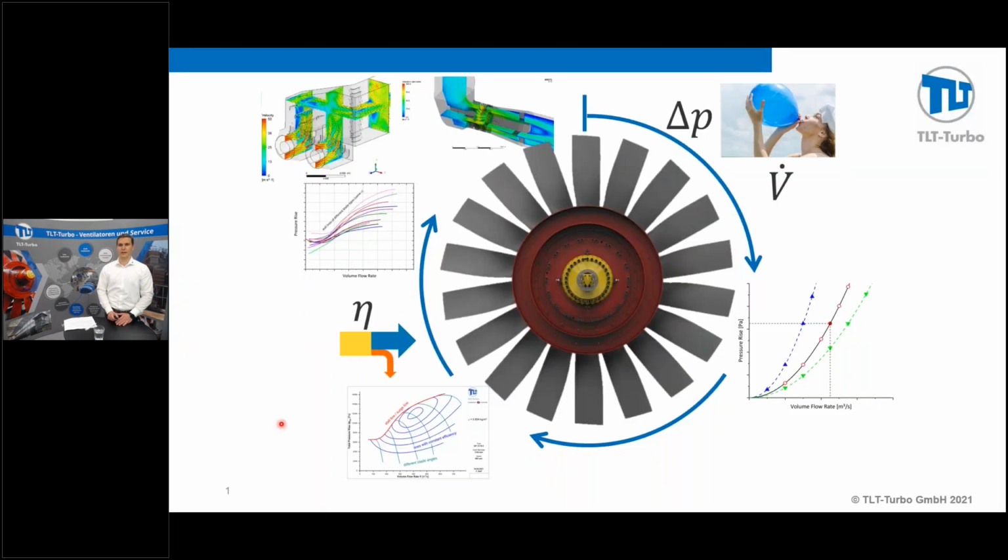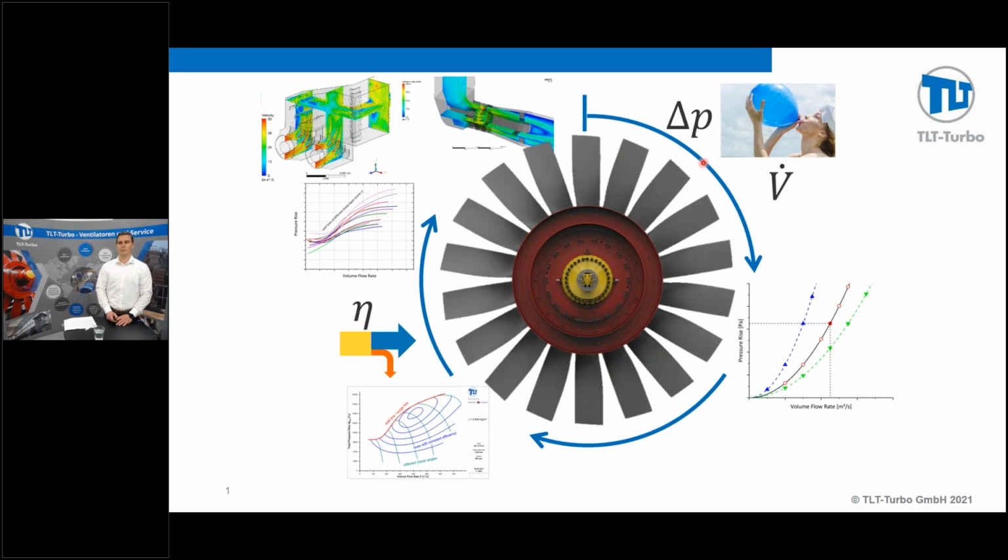So then let's start with the agenda. The agenda looks a little bit different than you might expect or normally see. There are no words, but nevertheless, I would like to start, as Eric also mentioned, with some basics about volume flow rate and pressure rise, how this leads to operating points for fans, and how this correlates with resistance curves.